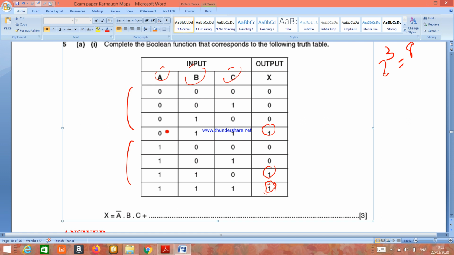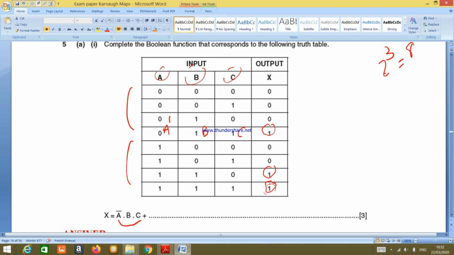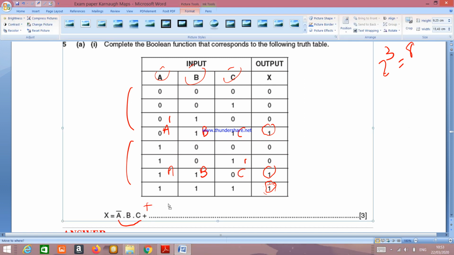The first one is A dash, B, and C. That's already given to you. The third one is A, B, and C dash, so you put the plus already there, plus A, B, and C dash.